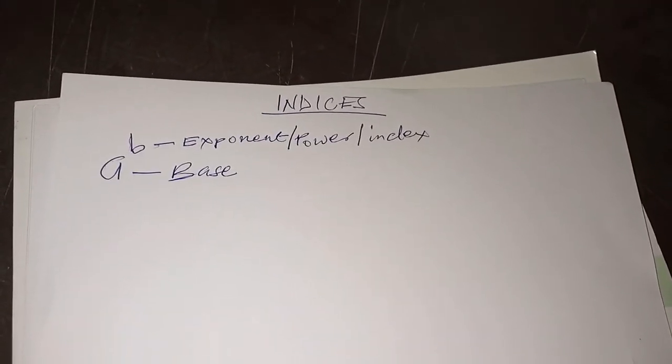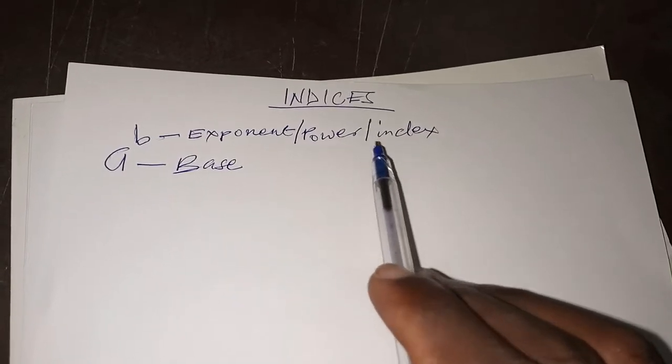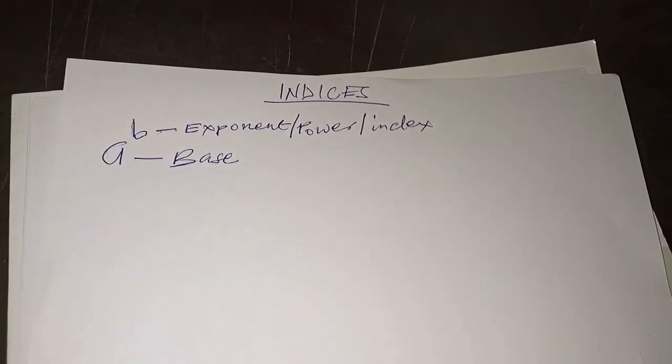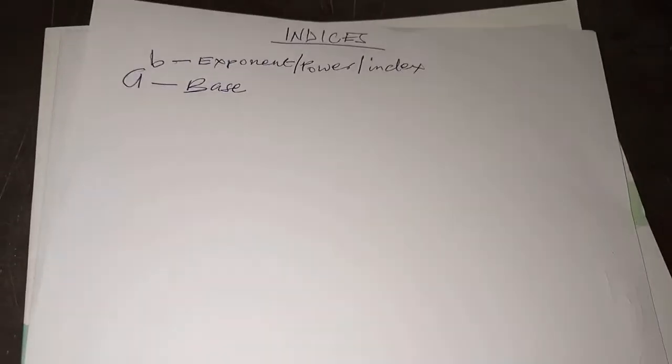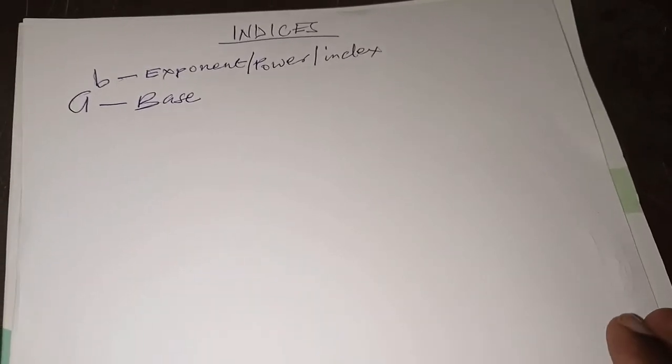So simply put, the word indices here is just the plural of index. The numbers we are going to deal with are going to be in this form: a number with an exponent.